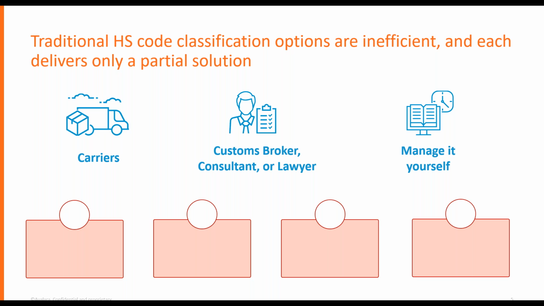Customs brokers and lawyers will do this in-house. It usually comes with a pretty hefty fee. It's quite a few man hours, and so doing that manually, they're wanting to account for that. Very similar to if you're doing this all in-house, it is a lot of upkeep with the potential of error or defaulting to just the international code.